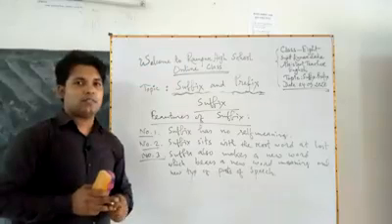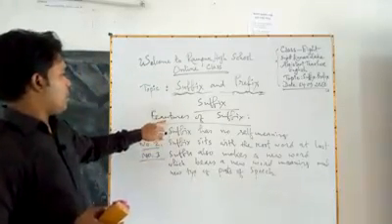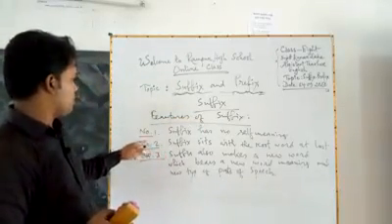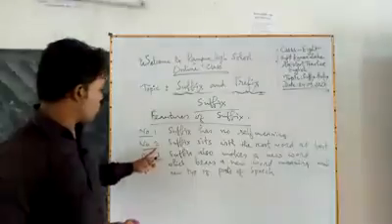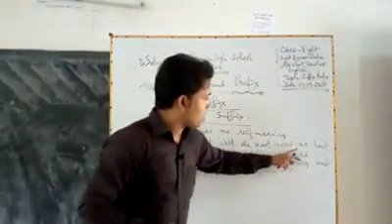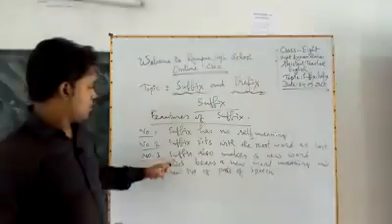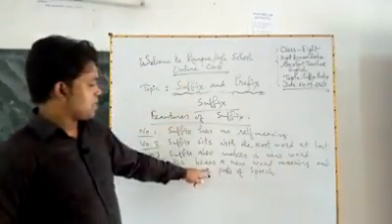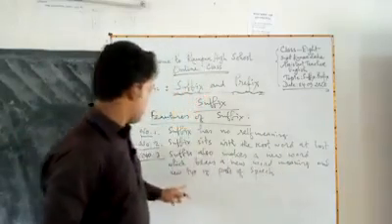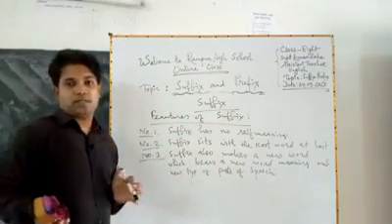My dear students, the main features of suffix are: number one, suffix has no self meaning. Number two, suffix sits with the root word at last. Number three, suffix also makes a new word which bears a new word meaning and a new type of parts of speech.